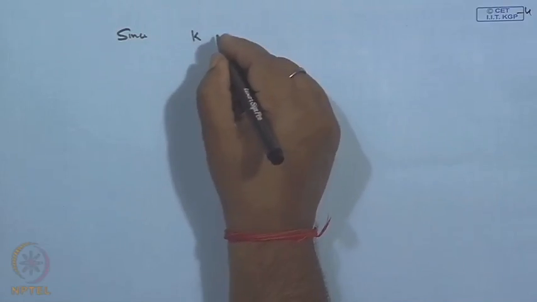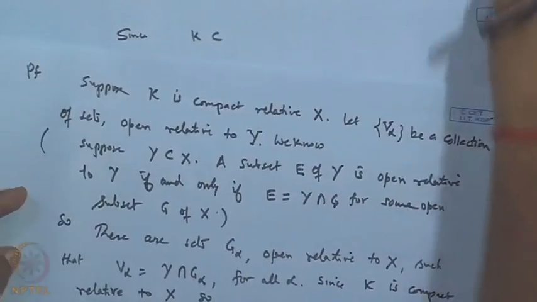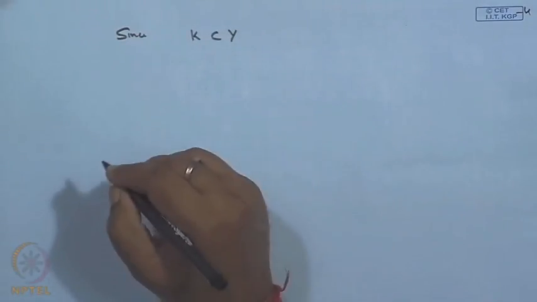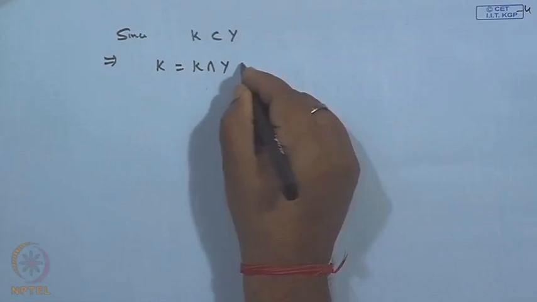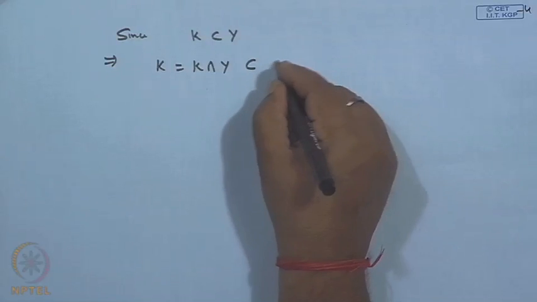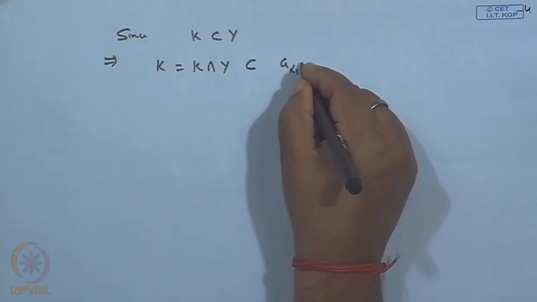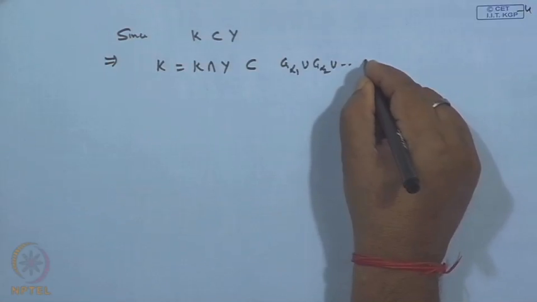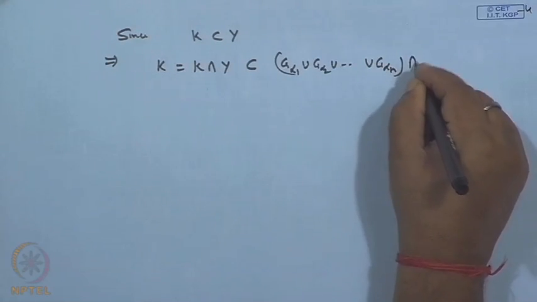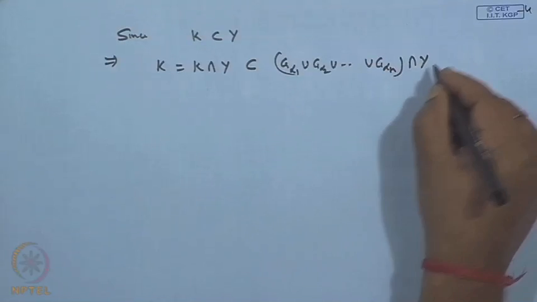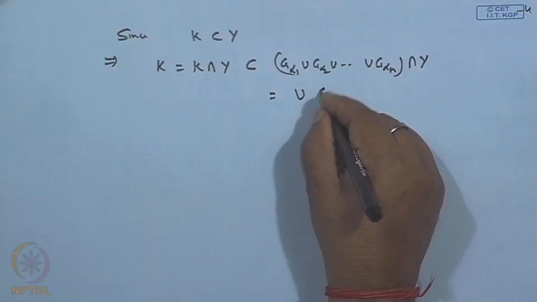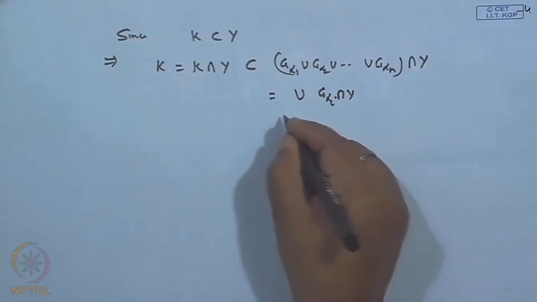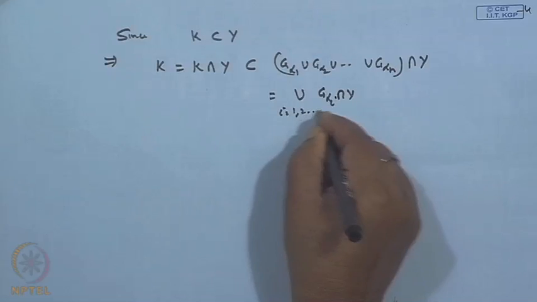Now, K is a subset of X, and K is contained in Y, this is given. So, this implies that K, which is K intersection Y, is contained in G alpha 1 union G alpha 2 union G alpha n, intersected with Y, and that is the same as the union of G alpha i intersection Y, where i is 1 to n.